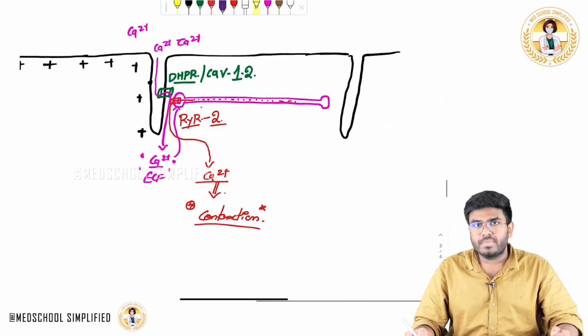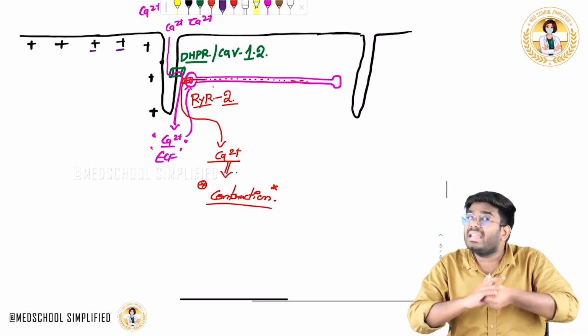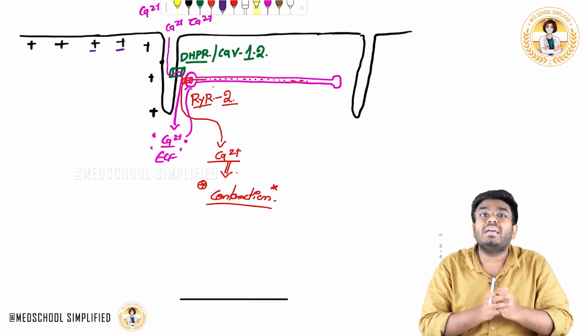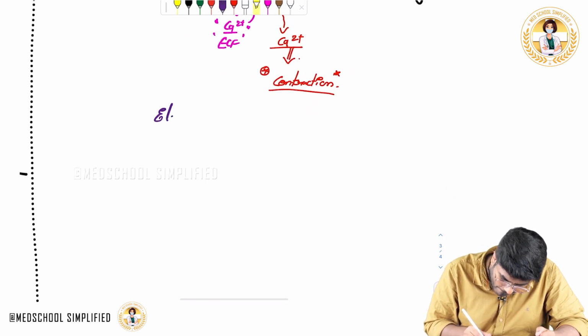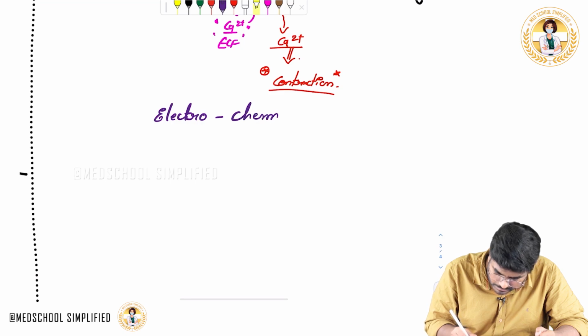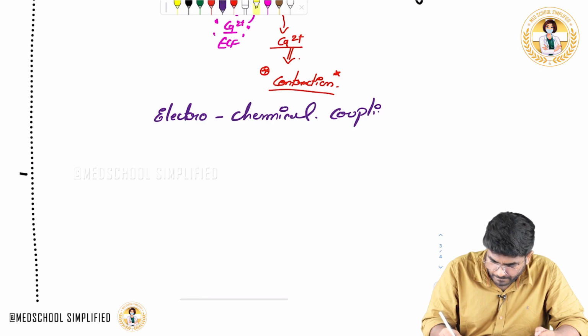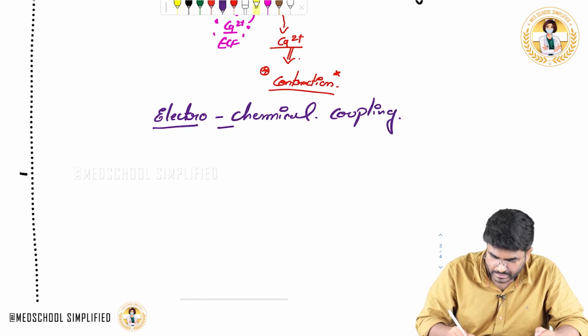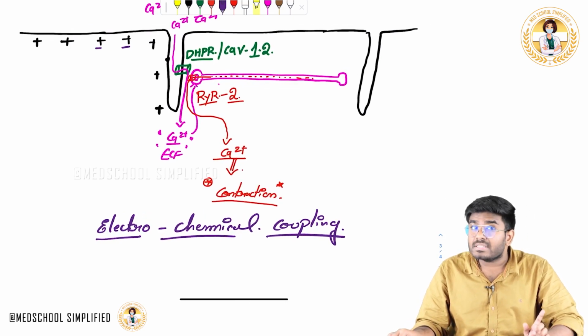Now here in myocardium, depolarization is happening. So it's not the mechanical interaction but the chemical interaction. So this is called electrochemical coupling. Okay, electrochemical coupling. So electrochemical coupling is seen in which cells? Skeletal muscles or cardiac myocytes?